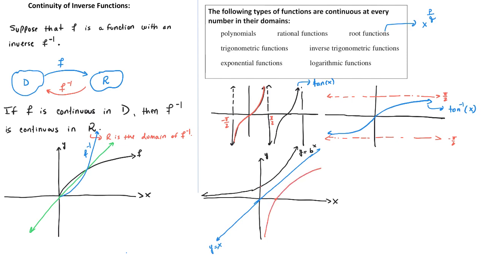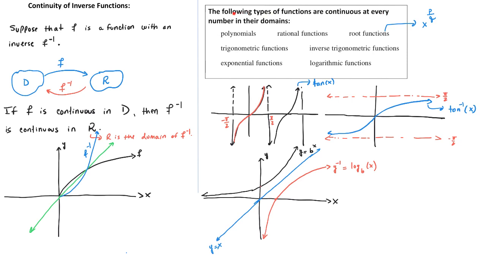If we do something like this, we actually get the inverse. Let me call this y to the negative 1 for the inverse. This is going to be the logarithmic function. So again, if we start with a continuous function, and this continuous function has an inverse, then the inverse is going to be continuous as well.